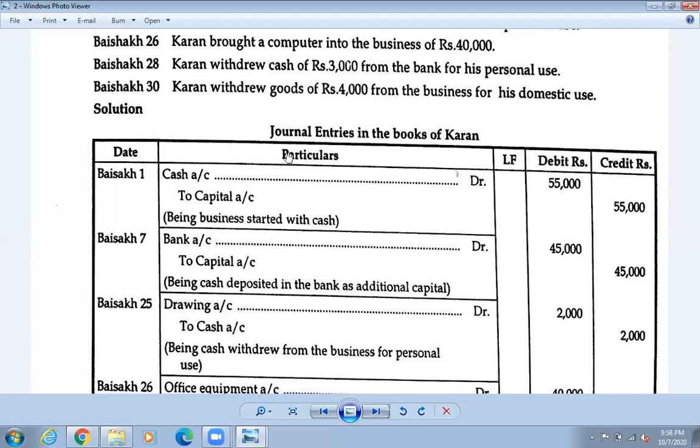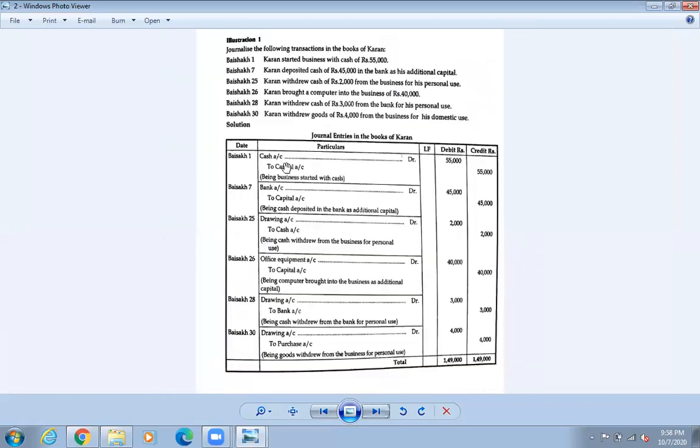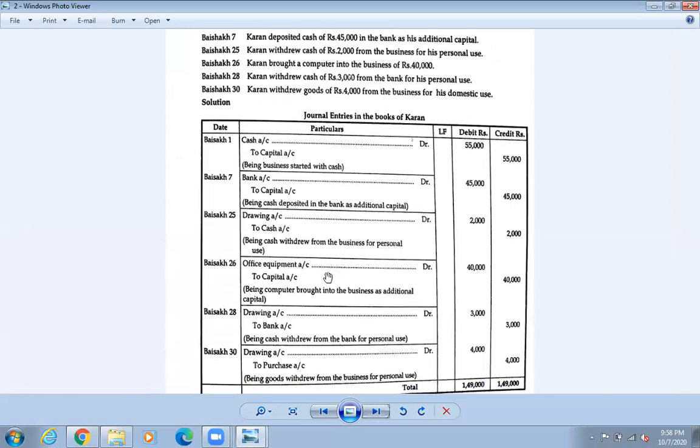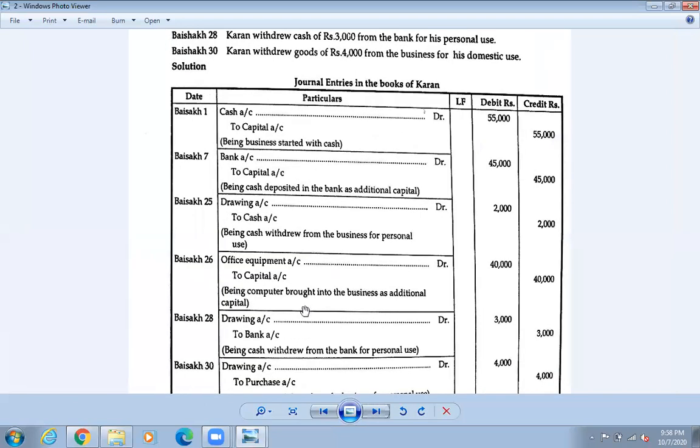So how will you write it down? Look here. Drawing must always be written at the top. So drawing account DR. But drawing of what? You are withdrawing the cash or what?